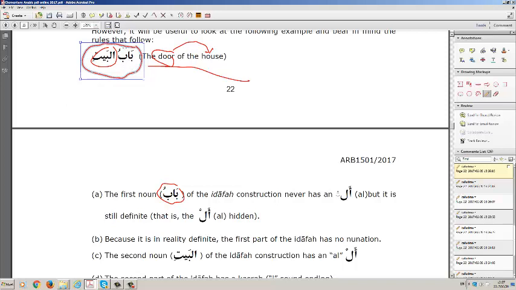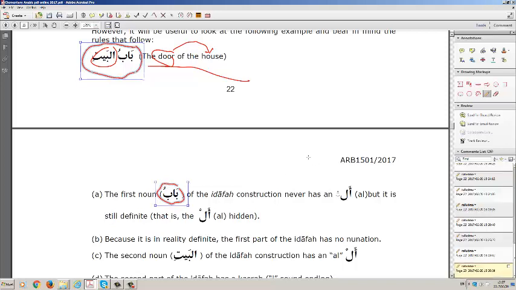So we have babu. The singular u here refers to the fact that it's definite. So we say it's the door of the house.